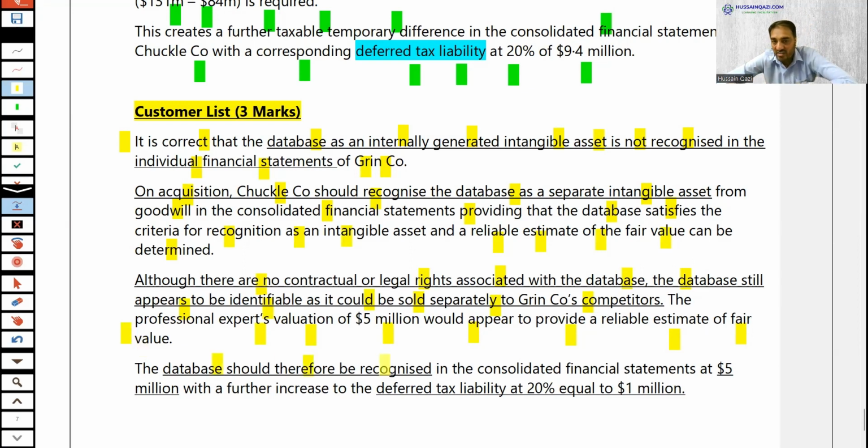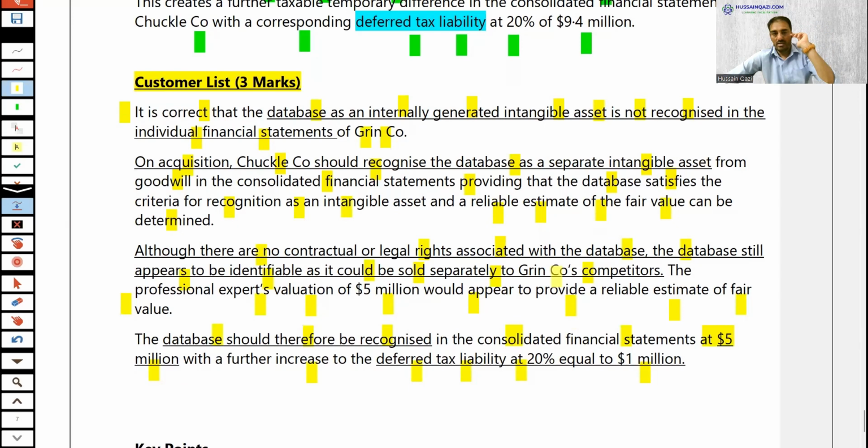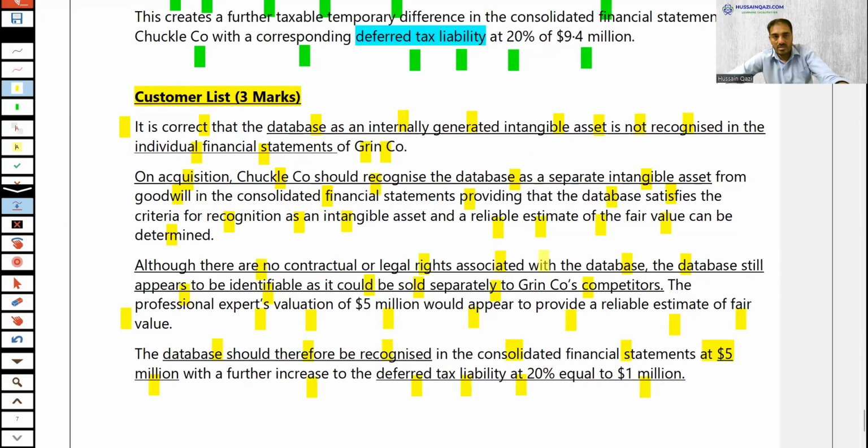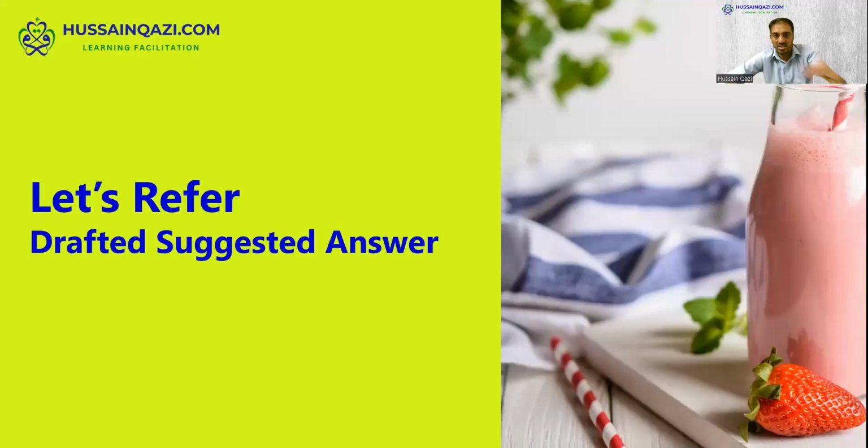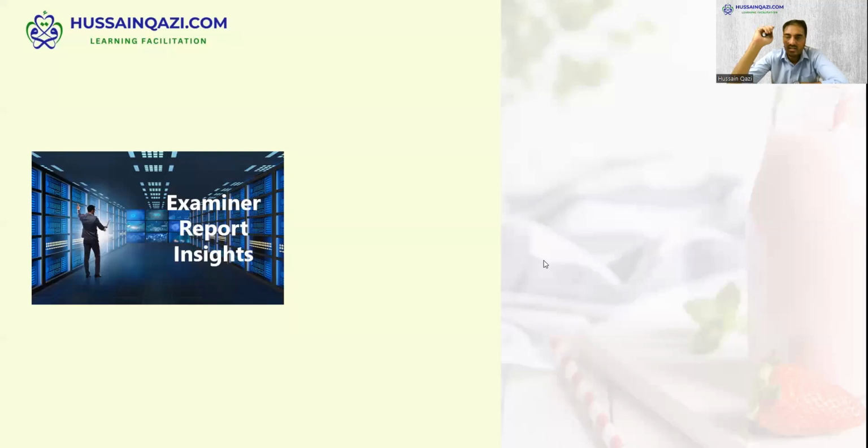So the database should therefore be recognized in the consolidated financial statements at 5 million, and a deferred tax liability also arises equal to $1 million. So that is the point about the customer list. That's all about the question.